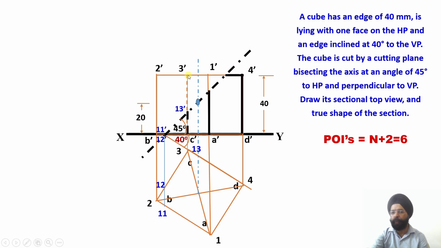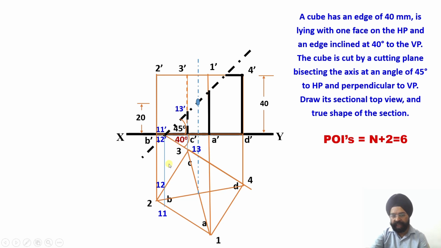Any number of points which lie on this line will appear to be a point in the top view. Therefore 3 dash, 13 dash and C dash will all have one point of projection. That is, this line will be converted into a point view. So this is my point view for 3, C and 13. So my 13 point has been located at this corner of the base over there.